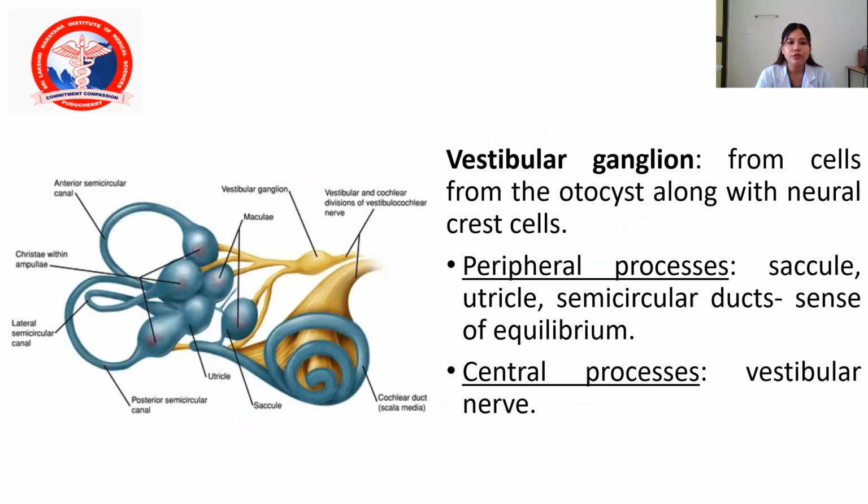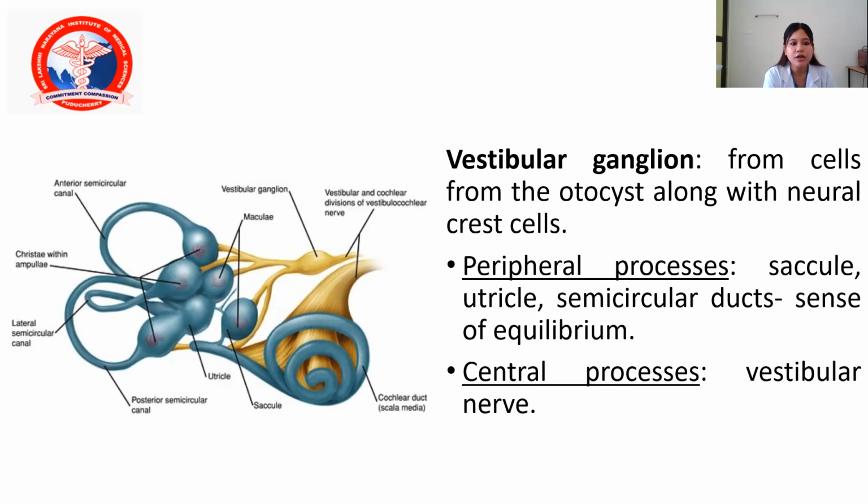Now, as we know, the nerve concerned here is the vestibulocochlear nerve. So the vestibulocochlear ganglion, how is it formed? In this picture, what you are seeing is the vestibular ganglion.